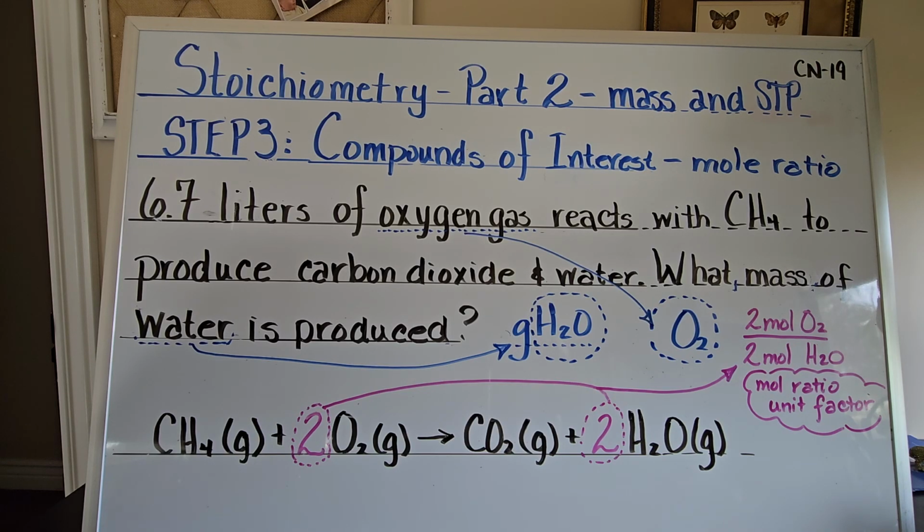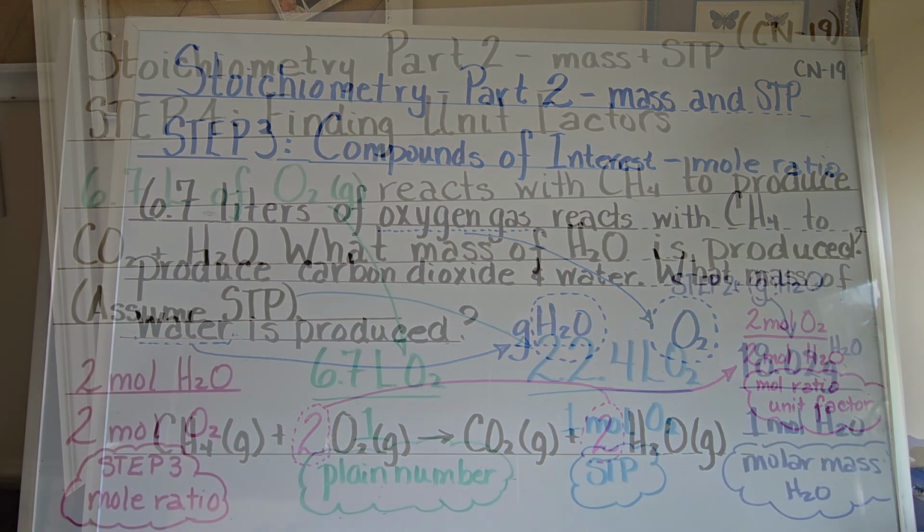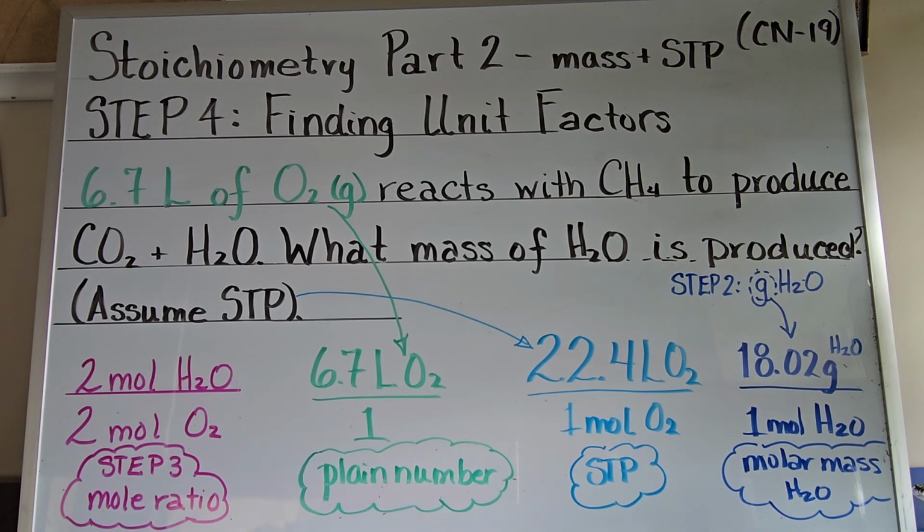In other words, 2 moles of oxygen are consumed to generate 2 moles of H2O. This is my mole ratio, and it will become one of my unit factors when I assemble all my unit factors together in step 4. Now moving on to step 4, finding the unit factors.